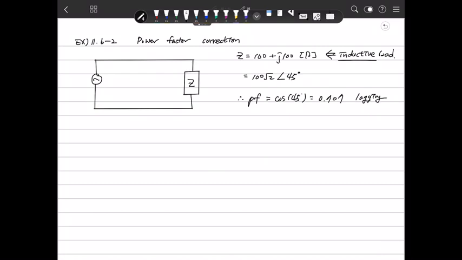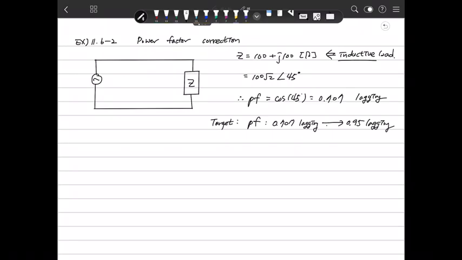Then our target, the problem, is the power factor going from 0.707 to 0.95 lagging.